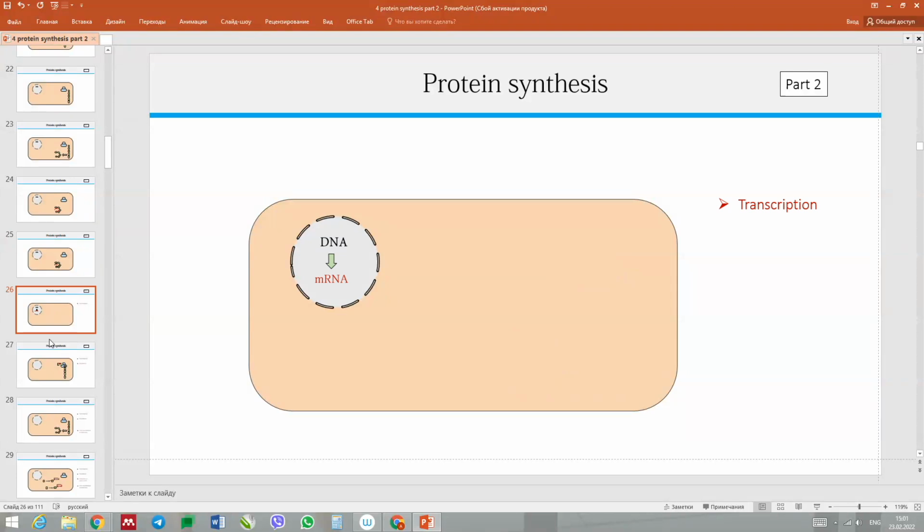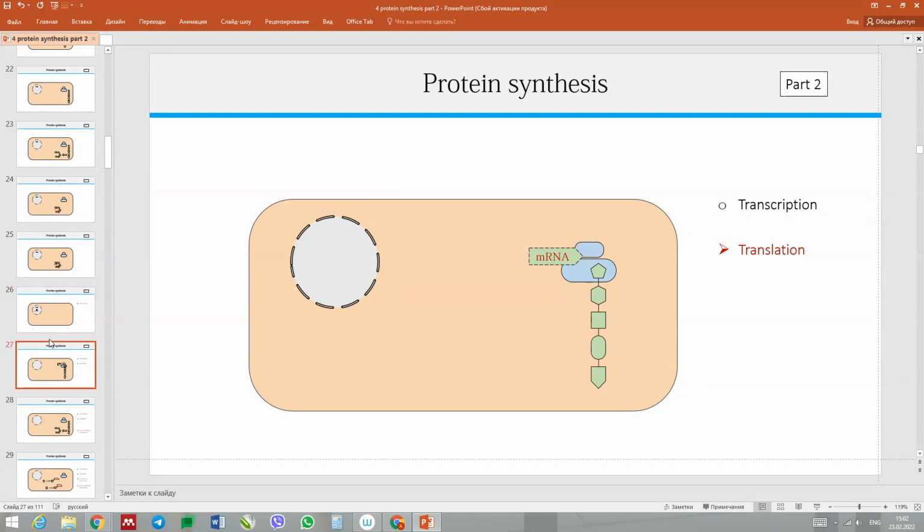And now let's summarize these steps. First, the transfer of information from DNA into messenger RNA has to be performed inside of the nucleus, and this is called transcription.